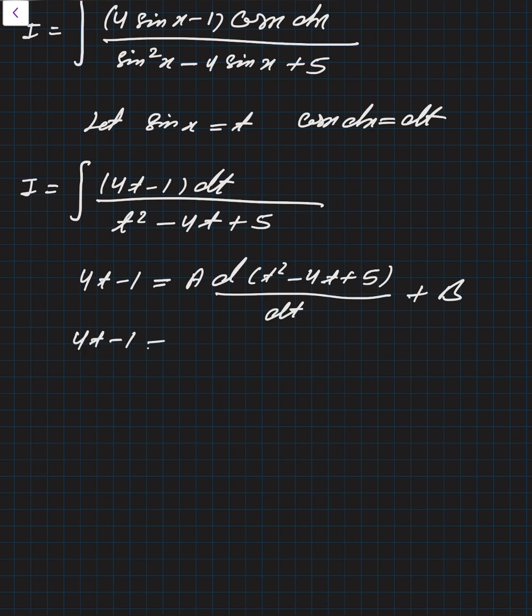So 4t minus 1 is equal to 2t minus 4 into a plus b. Okay, now 4t minus 1 is equal to 2a into t.